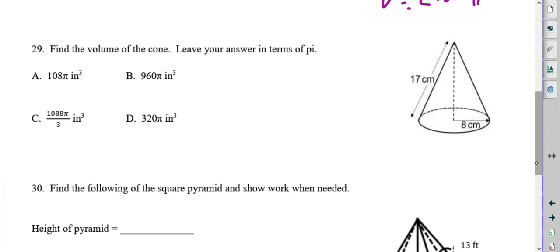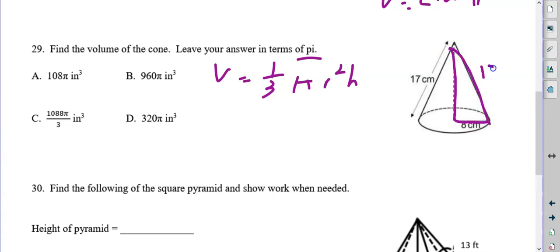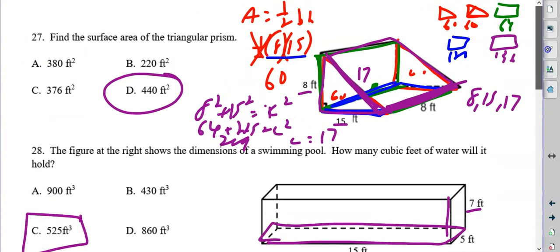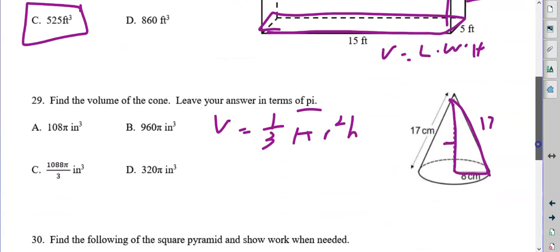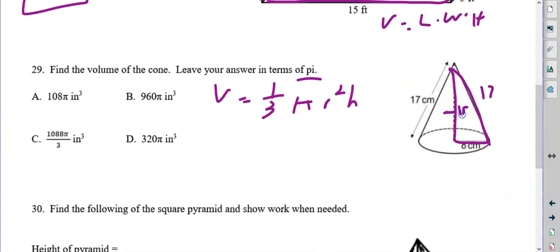Volume of a cone. Leave your answer in terms of pi. So volume of a cone, remember, is 1/3 pi r squared h. Now, we don't have h. With this triangle here, we have L, the slant height, but we need to find h. Well, I think we just did that up here. It is a Pythagorean triple, so the height is 15.